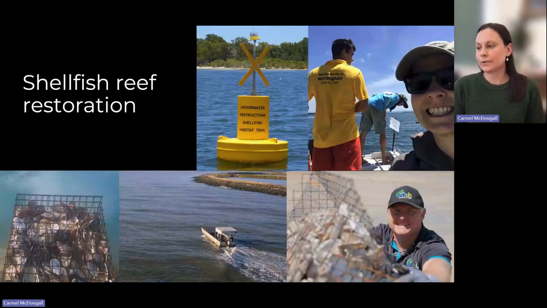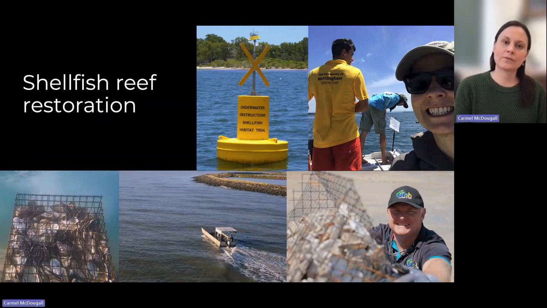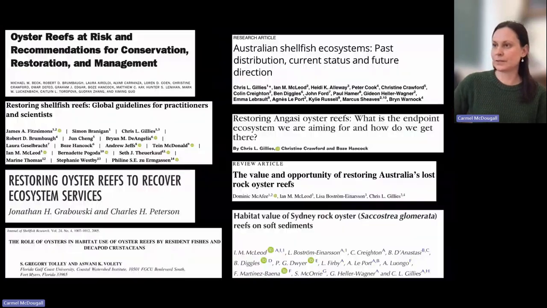This work was very fun, and it ended up leading me in a completely different research direction altogether, which is shellfish reef restoration. Some of you may be aware of the demise of shellfish reefs around the world. There's been a lot published on this. Oyster reefs have declined globally by about 85%.